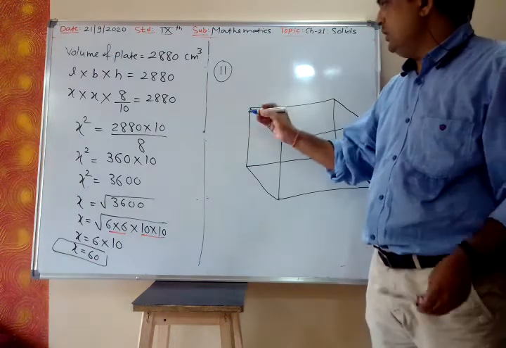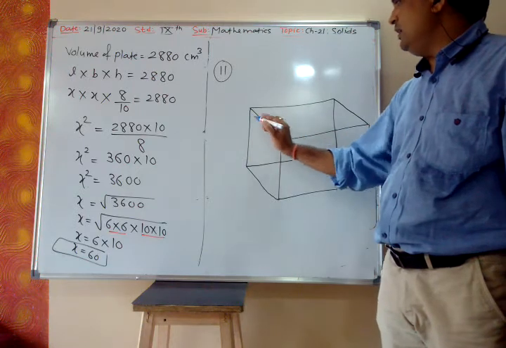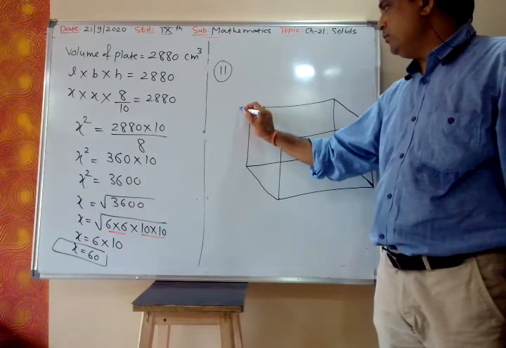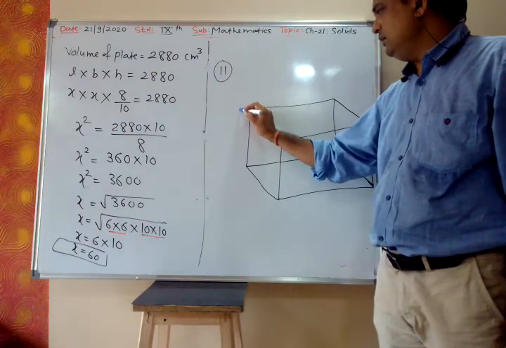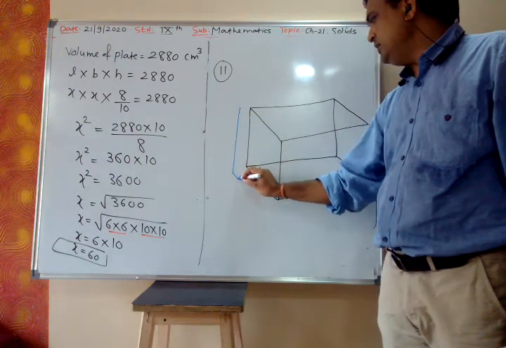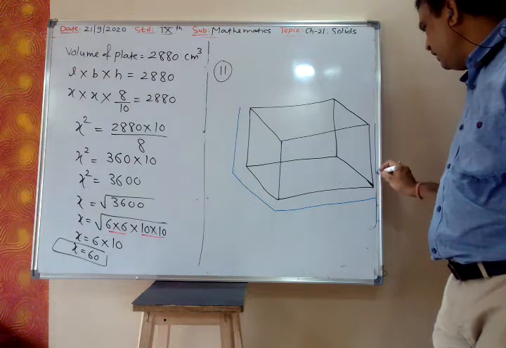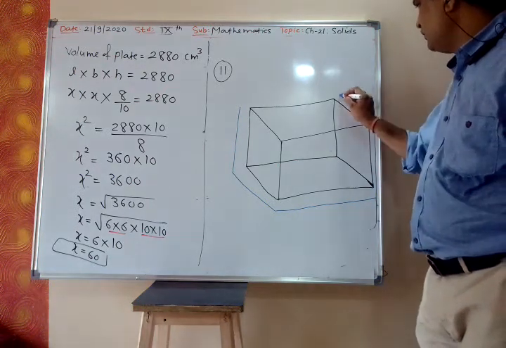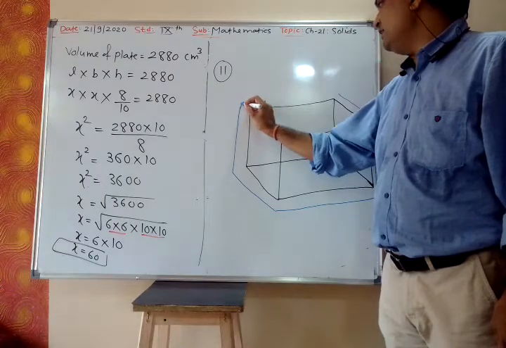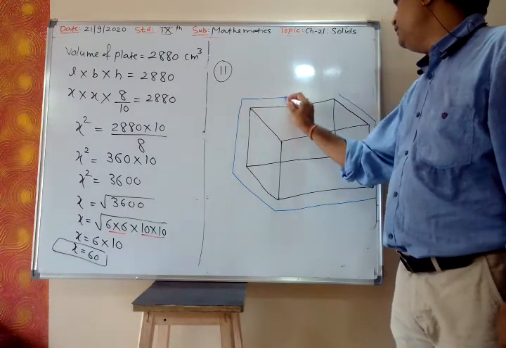So let us draw the external. Suppose this is my internal part. Let us draw the external part with another pen. The same shape will be there for the external. Between internal and external, the wood is fit.